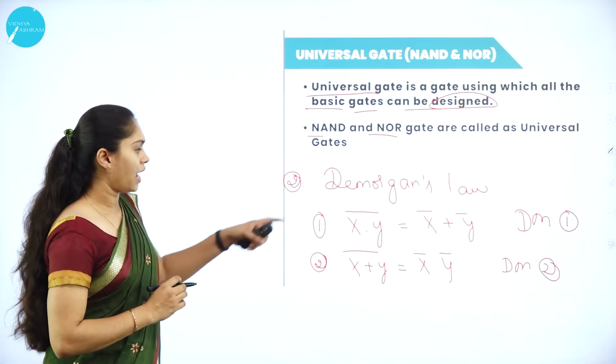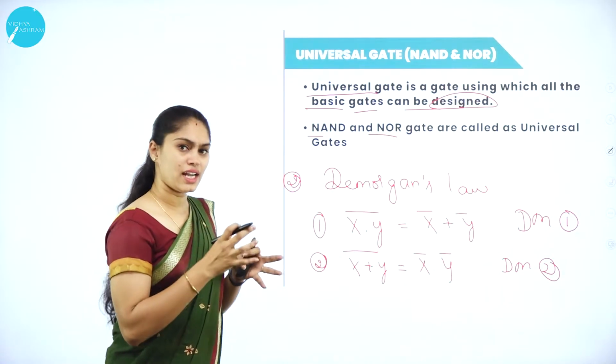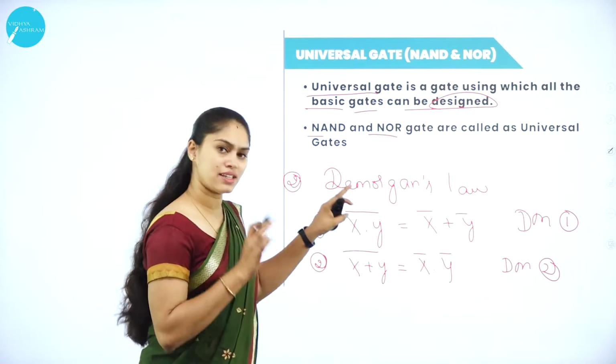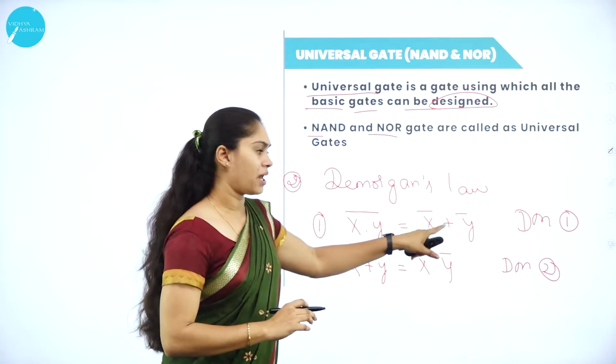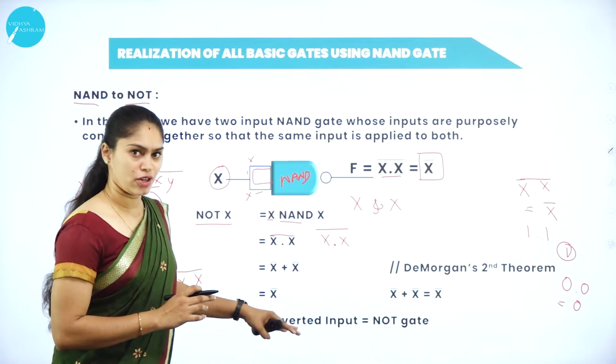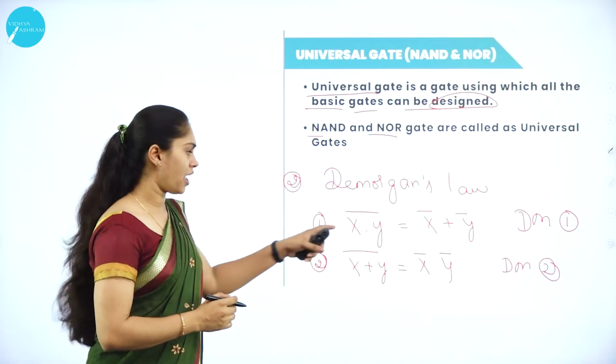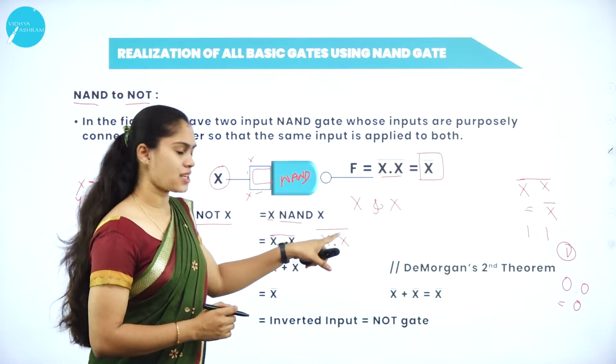Here I have discussed De Morgan's first law, which indicates x dot y whole bar is also equal to x bar plus y bar. Can I take this De Morgan first law in order to solve it? Yes, we can. How am I going to do that? Instead of x and y, here I am taking x and x.